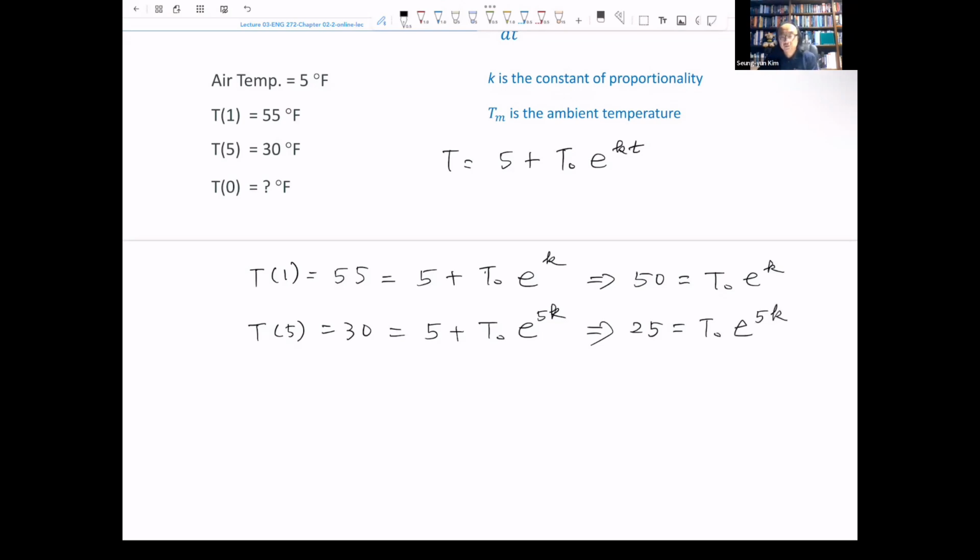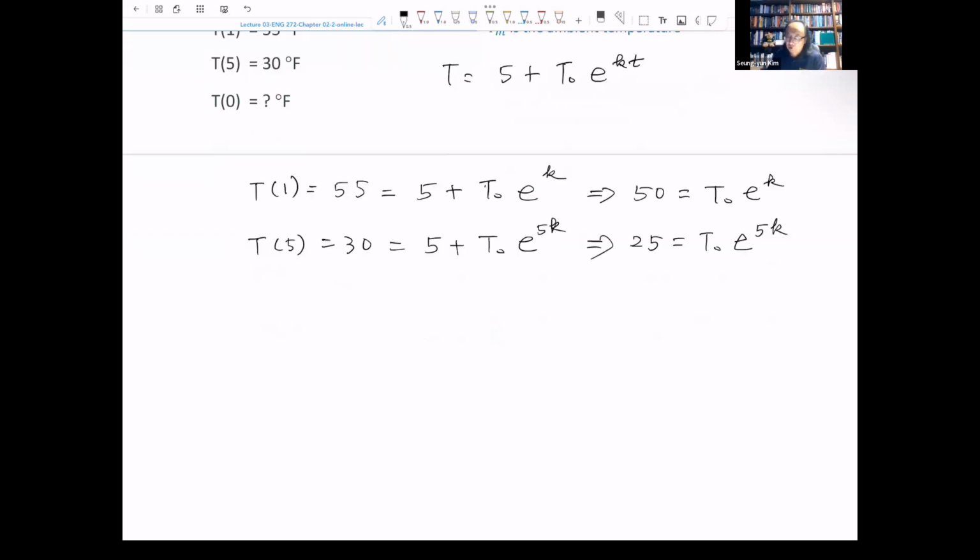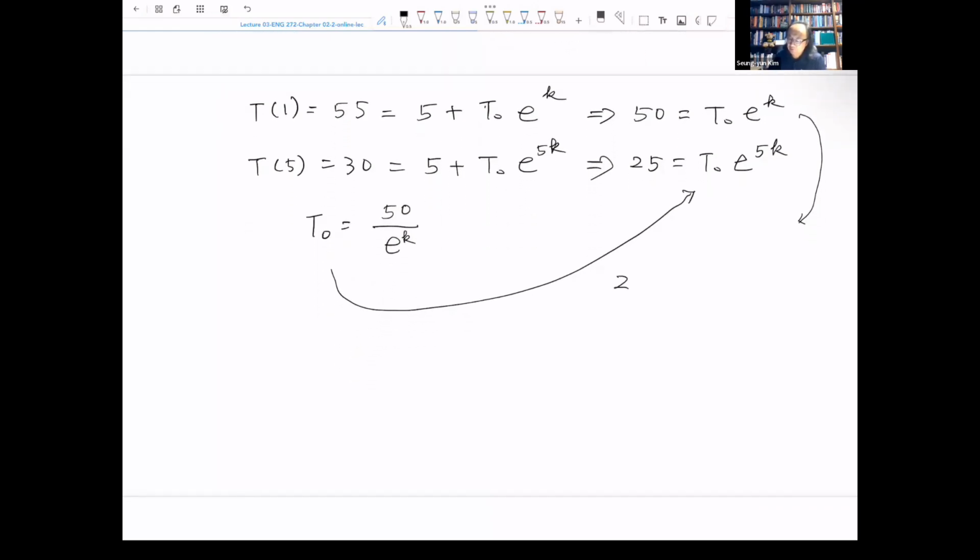So now we have two equations and two unknowns, T naught and k. Let's use the first equation to find T naught equals 50 over e to the k, and then plug this into the second equation. Then 25 equals 50 over e to the k times e to the 5k.